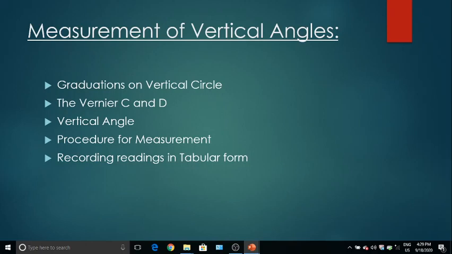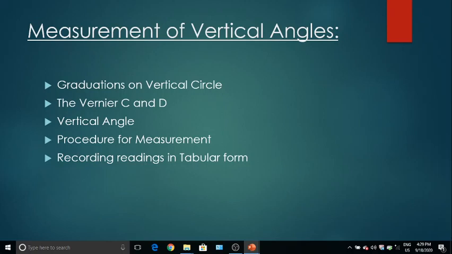Now, after bisecting an object by releasing the vertical clamp and operating the vertical tangent screw, you can read both verniers C and D of the vertical circle. As verniers C and D are on opposite sides, you can take the main scale reading and vernier scale reading in both, particularly for a vertical angle.